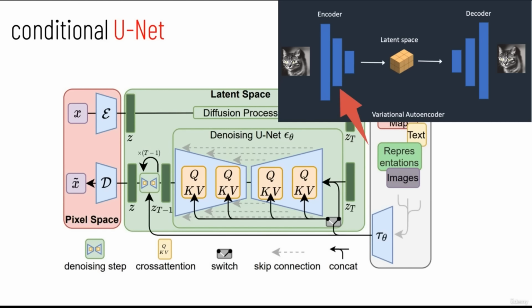Firstly, the encoder will compress our input image. Let's say that our image is a very high resolution image. Let's say that the width of the image is 1000 and the height of the image is 1000. Which means if we want to pass this image directly through our U-Net, our training process will take a long time.